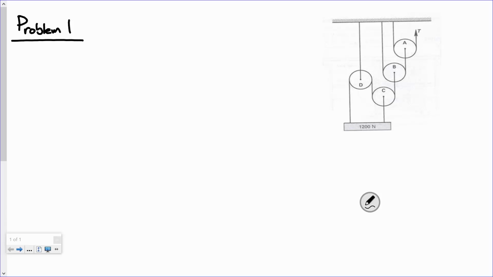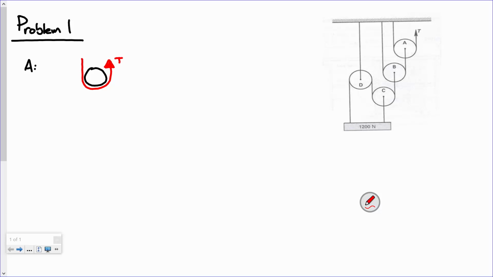So let's look at pulley number A. Pulley A looks like this. I have my little wheel on the pulley, and I have a rope going like that, right? I'm pulling on this with some tensile force T, right?